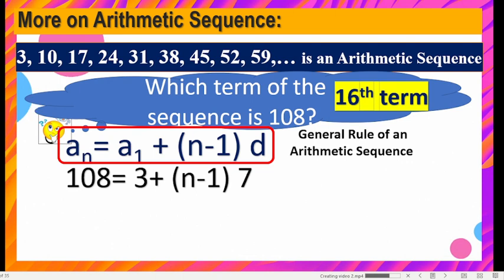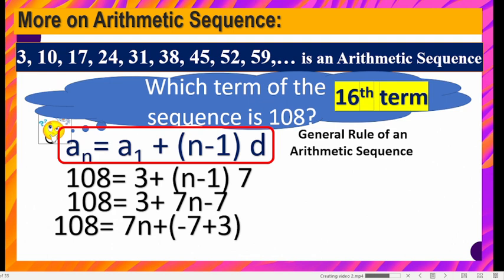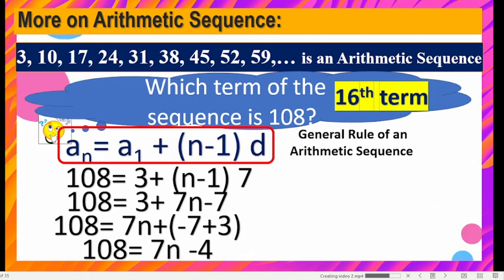Using the distributive property, we'll have 7n minus 7. Then combining similar terms, we have negative 7 plus 3, which is equal to negative 4.